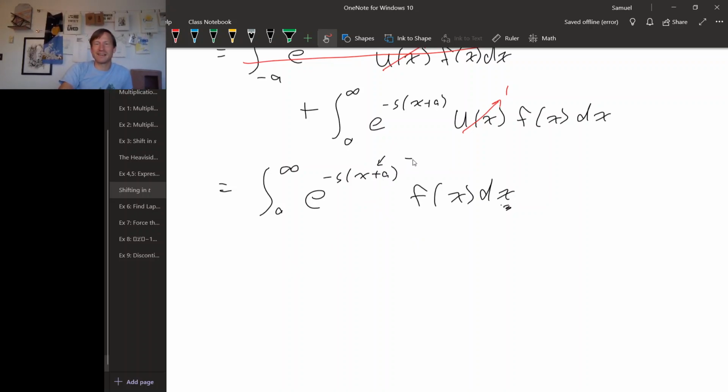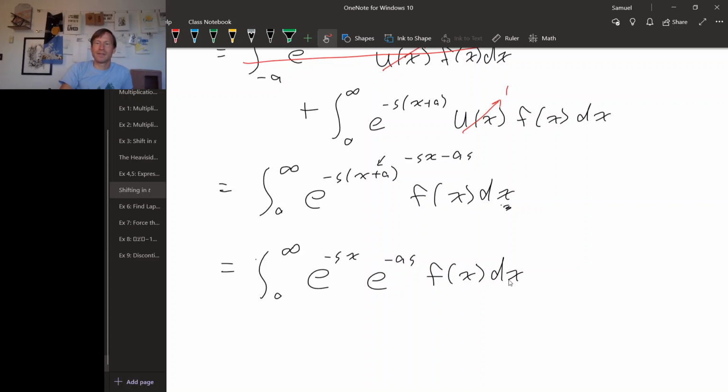So we can write this exponent as minus sx minus as, and then split the exponential up, so we get the integral from 0 to infinity of e to the minus sx times e to the minus as times f of x dx.